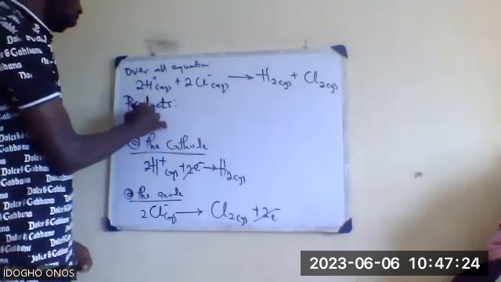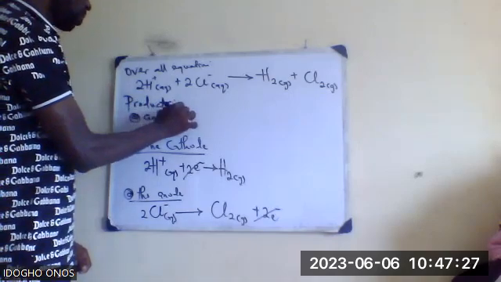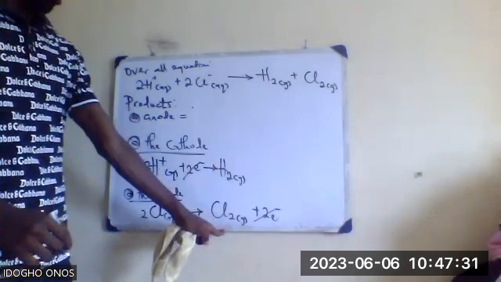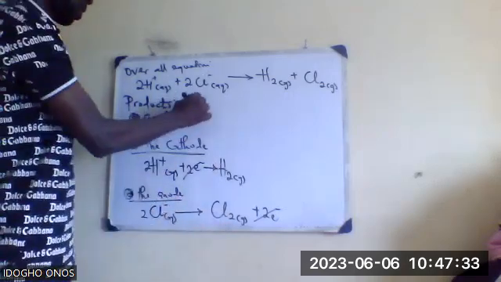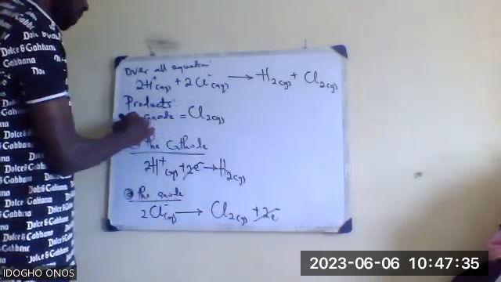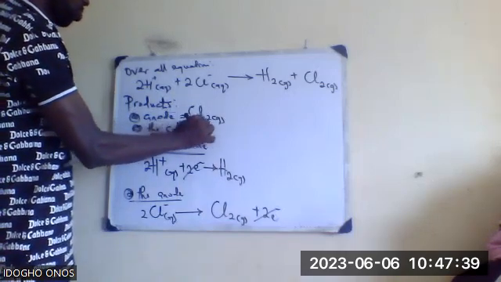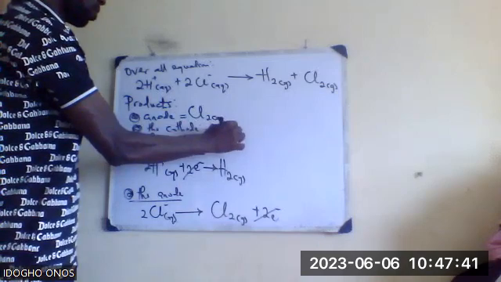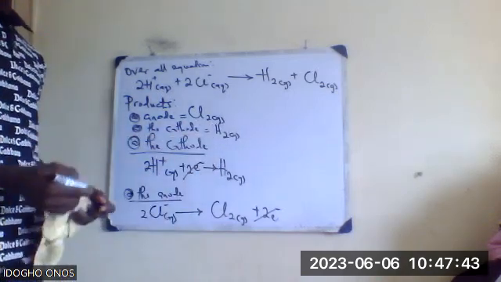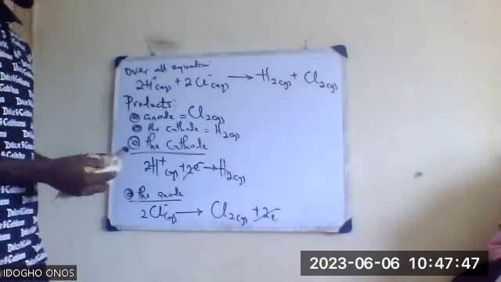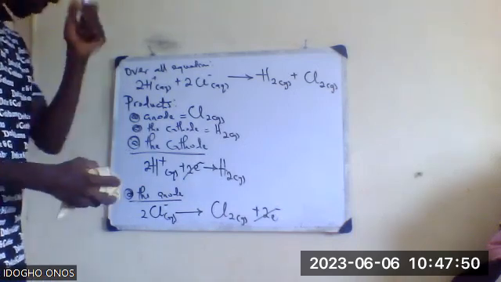So the product at the anode is, sorry, chlorine gas, Cl2 gas, while at the cathode is hydrogen gas, both in the ratio of 1:1, or the volumes are 1:1. Any question, madam?